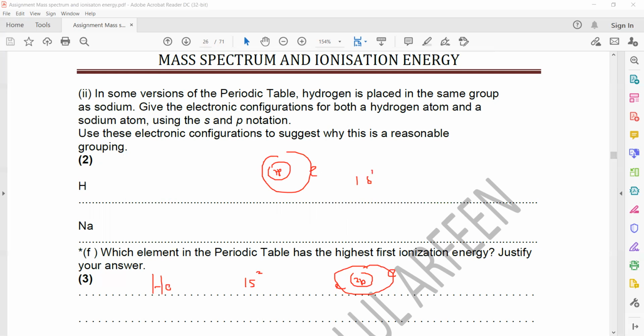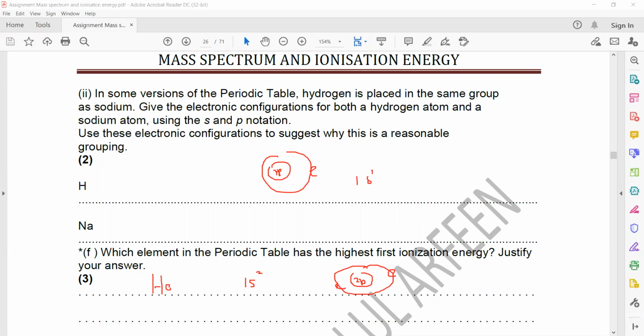But in the case of helium, the electrons are in the first shell, so the electron we want to remove is very close to the nucleus, and there is no or little shielding effect. Shielding refers to how many electrons are before that. So there is very little shielding and there is a greater nuclear charge.